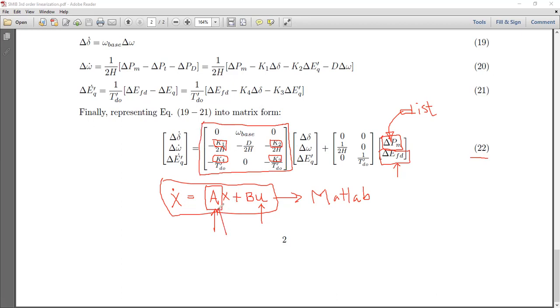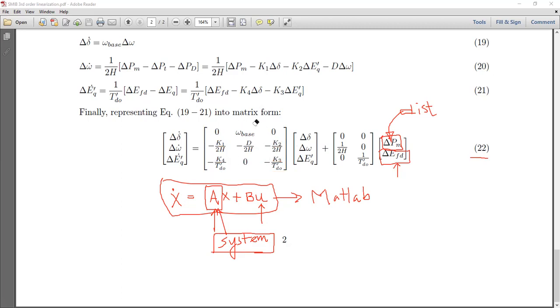Another name for the A matrix, which you will sometimes find in the literature, is the system matrix, because it gives you an idea about the dynamics of the system, or the stability of the system based on some disturbance response.